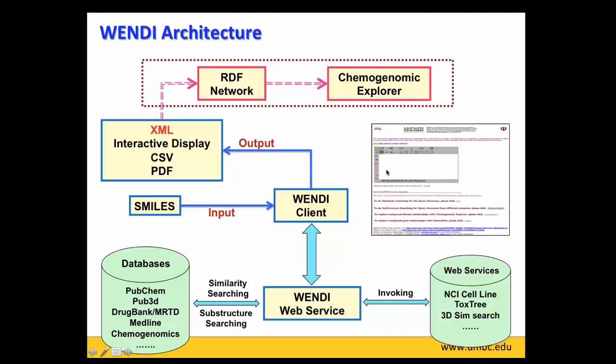We have the WENDI web interface. The user can draw their chemicals through a molecular editor, which translates them into SMILES. Because WENDI takes SMILES as input, it sends the input to the WENDI web service running in the backend. Two parts run simultaneously. One searches the data stored in the database: we do a chemical structure similarity search or substructure search against a large portion of data.